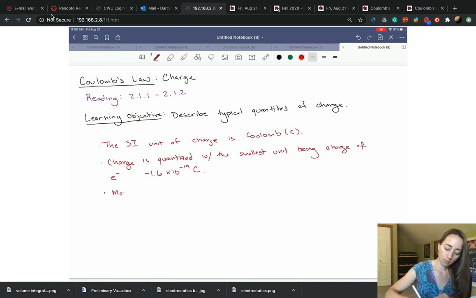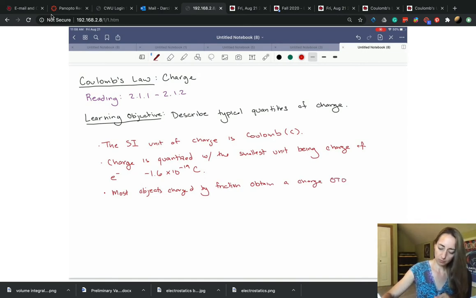So most objects that are charged this way, not intentionally charged to a high level, obtain a charge on the order of about microcoulombs. So micro is 10 to the negative 6. Okay, so that would be around 10 to the negative 6 coulombs. It could be an order of magnitude higher or lower, but that's a typical amount of charge for an everyday object.